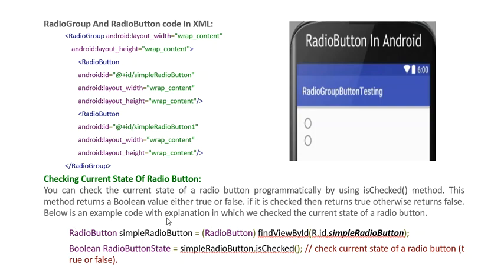Below is an example of the code with explanation in which we can check the current state of the radio button. The RadioButton object simpleRadioButton equals (RadioButton) findViewById(R.id.simpleRadioButton); and the boolean radioButtonState equals simpleRadioButton.isChecked(); checks the current state of the radio button, true or false.